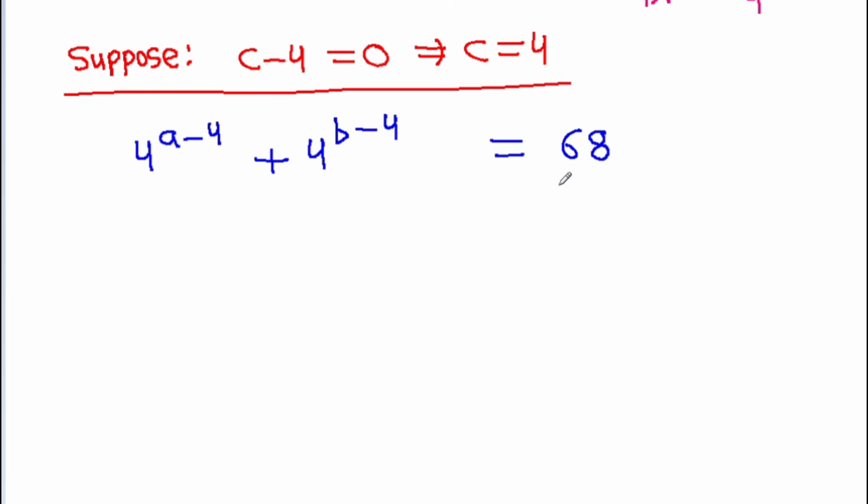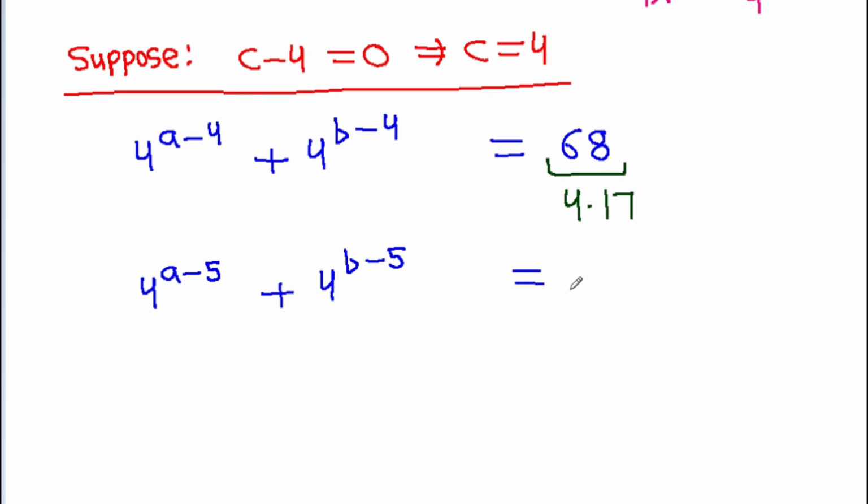And 68 is 4 times 17. And now if we divide both sides by 4, then 4^(a-5) + 4^(b-5) will be 17.